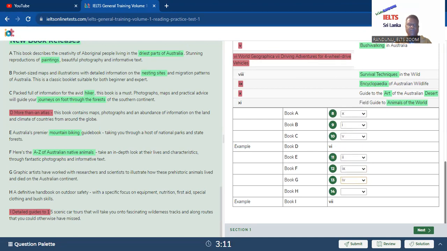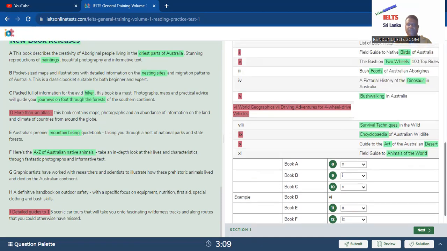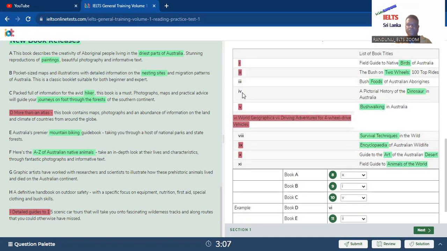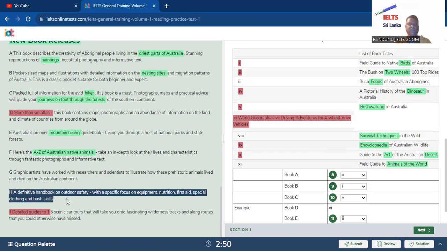So what's the last one? H. We have only 3 answers left: one is bush foods, the other 2 are survival techniques and animals of the world. What is the answer for H?